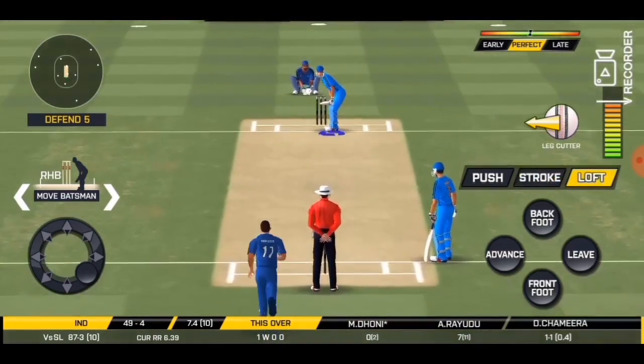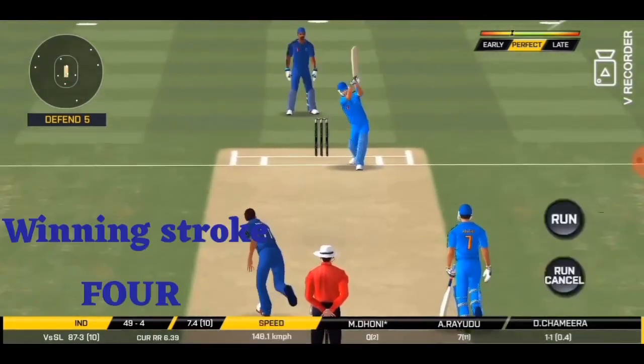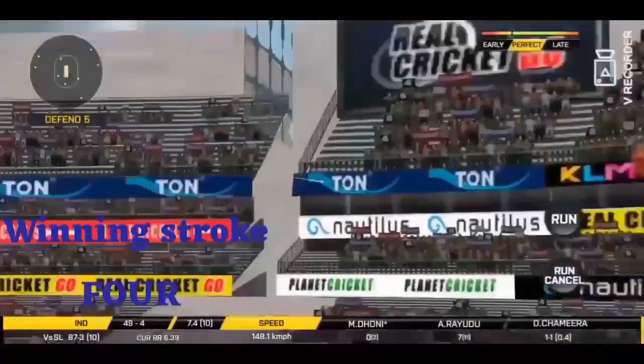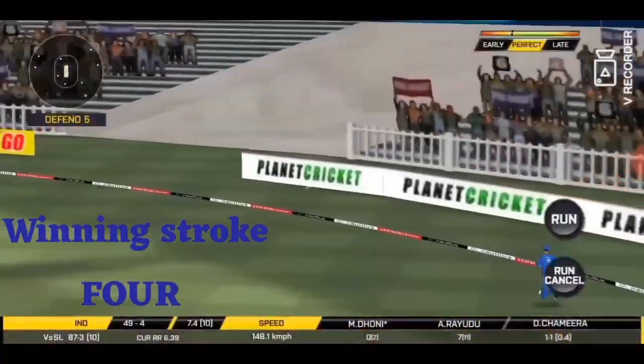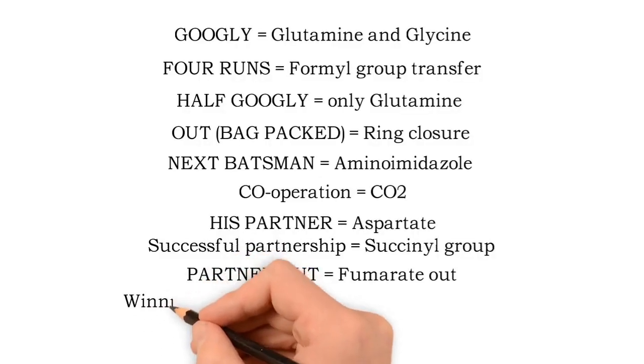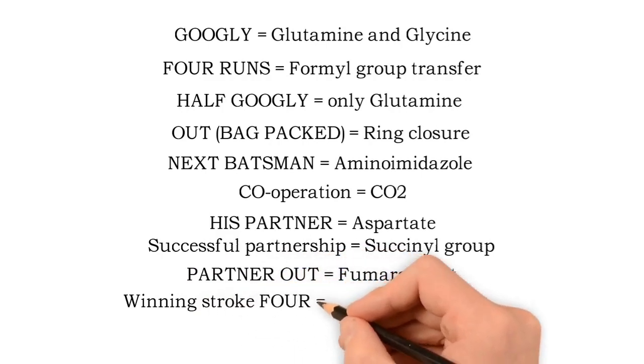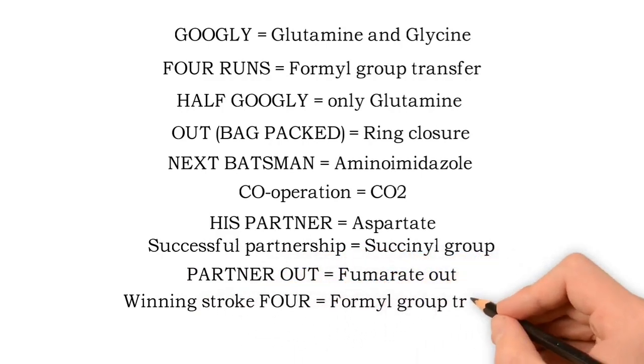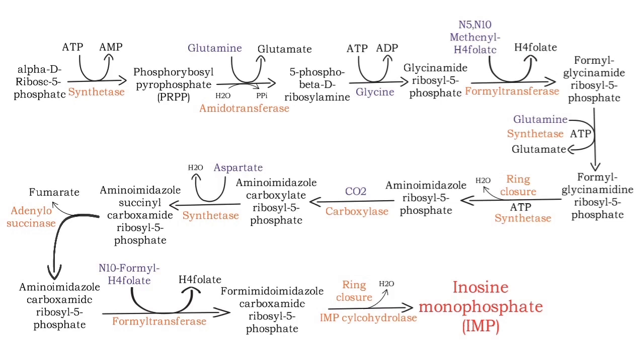Aminoimidazole played a superb innings and hit the winning stroke to the boundary as 4 runs. Winning stroke 4 runs means formyl group transfer. Aminoimidazole carboxamide with N10 formyl tetrahydrofolate will be converted to formamidoimidazole carboxamide ribosyl 5-phosphate.